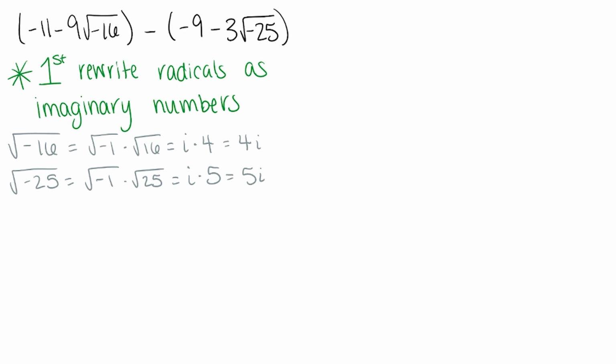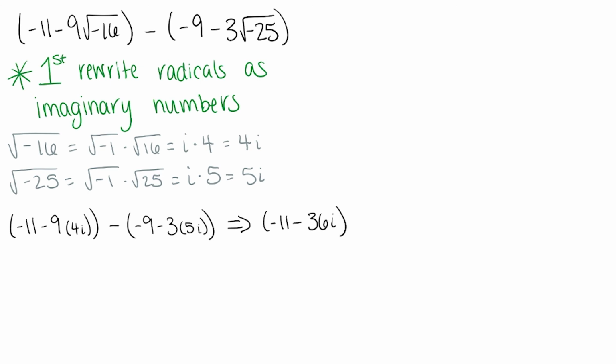So we can rewrite our original expression as negative 11 minus 9 times 4i minus negative 9 minus 3 times 5i. And this simplifies to negative 11 minus 36i minus negative 9 minus 15i. Let's distribute our negative sign and change all of our signs.